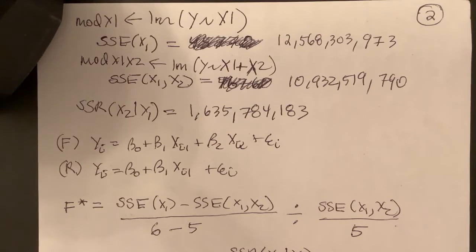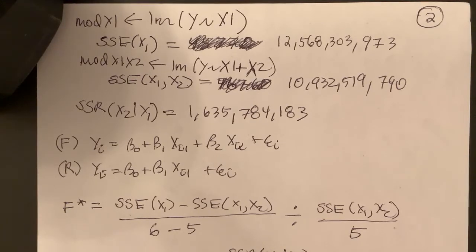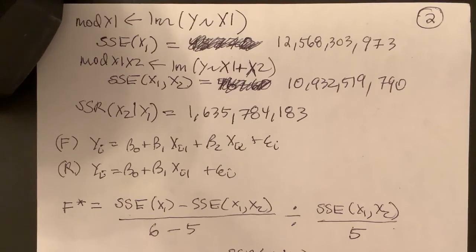So this is about 10 billion, about 10 to the 10th dollars squared, because SSE is the sum of the errors, so the sum of the distances away from the regression line, squared. So I get 12.5 billion.